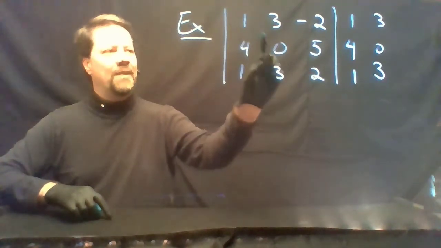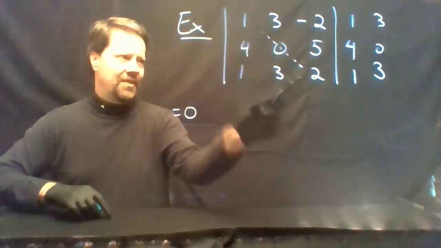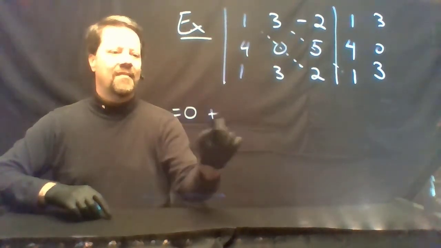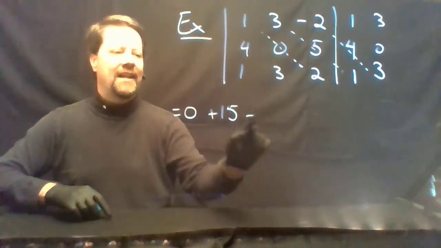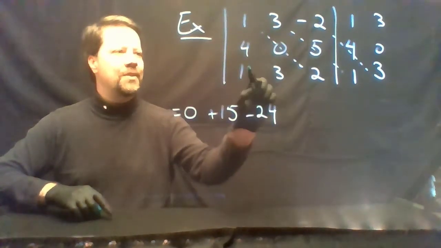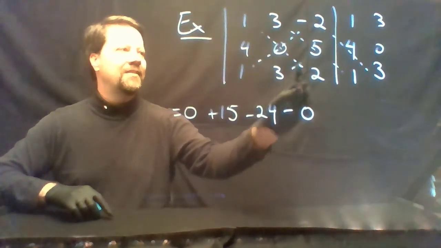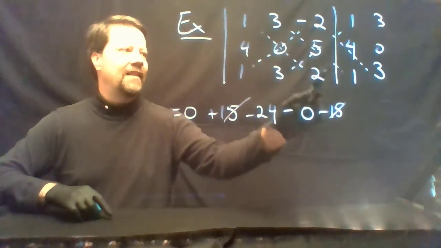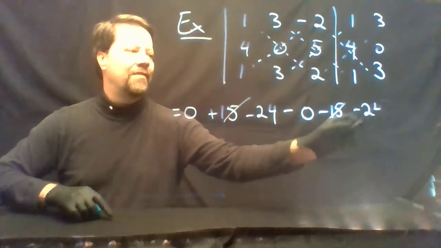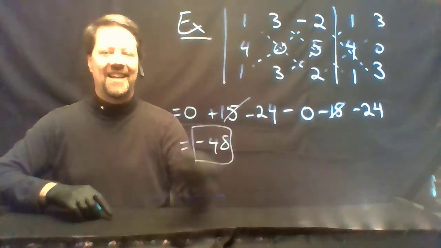And then you multiply down little diagonals. 0 plus 15 plus negative 24, and then you subtract products going the other way. Minus 0, minus 15, and then minus 24, which is minus 48.